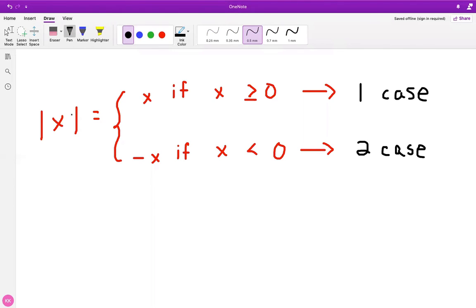So the absolute value of x equals x when x is greater than or equal to 0, which comes from the first case. In the second case, I'm setting x smaller than 0. When x is smaller than 0, the absolute value of x equals -x. I need to put the negative sign here to cancel out, so we get positive values.